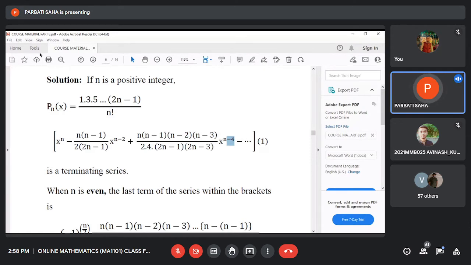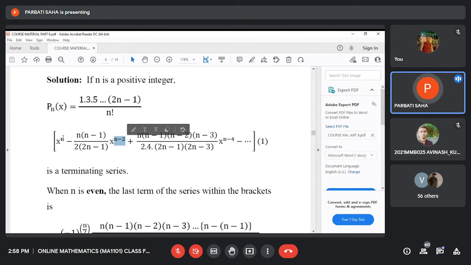So if n is a positive integer, Pn(x) equals this, and it will be a terminating series, because when n is an even integer, it will terminate with the term containing x to the power 0. If n is even, n minus 2 is even, n minus 4 is even, so an even integer always remains even, because the degree is n and the next lower degree decreases by 2.